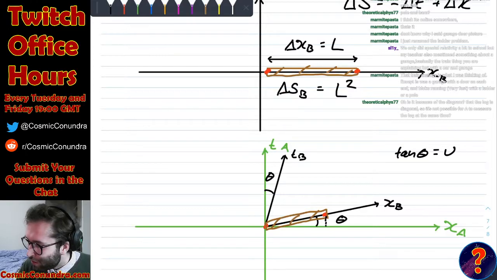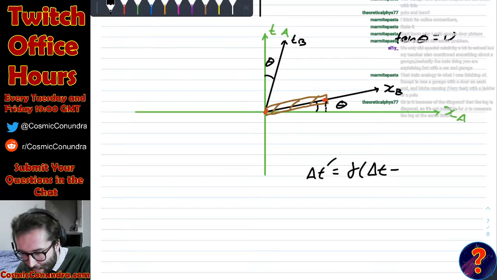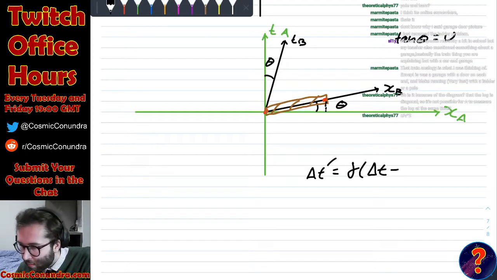If you take a Lorentz transform, for example, the Lorentz transform for time in a primed frame looks like, what is it again? Oh, I can't remember it now.